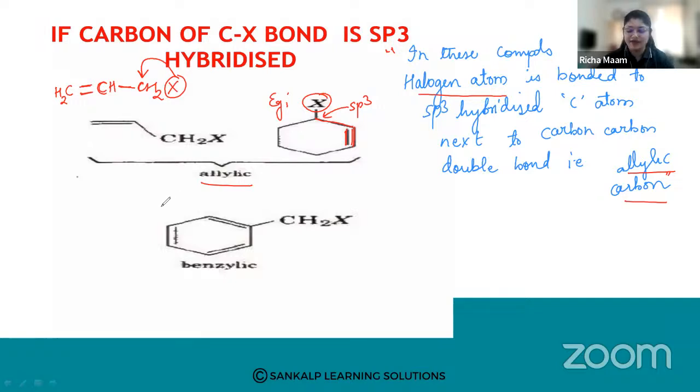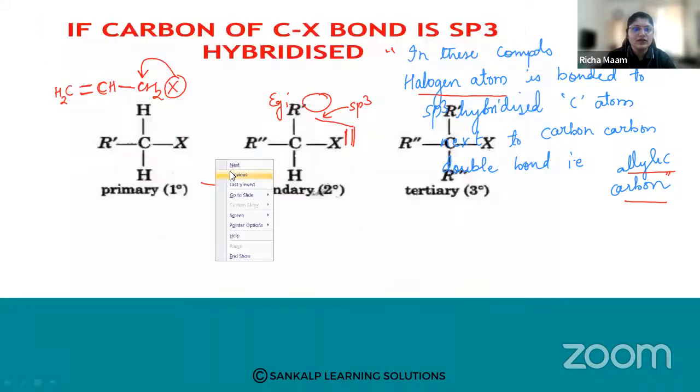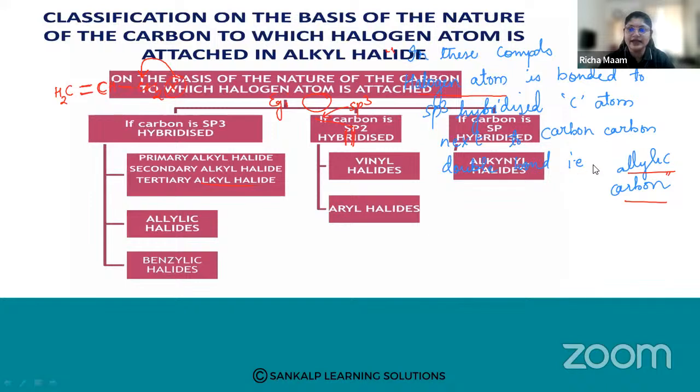Okay, the next classification is benzylic halides. So the third one is C: benzylic halides. What do you mean by benzylic halides?